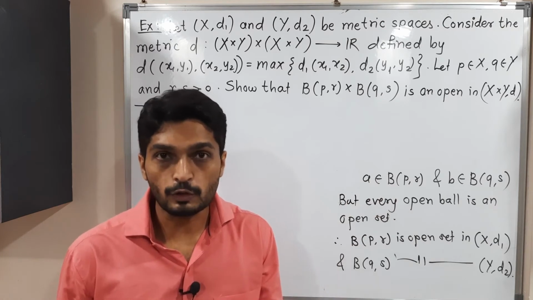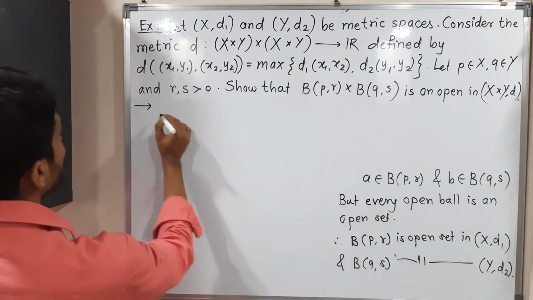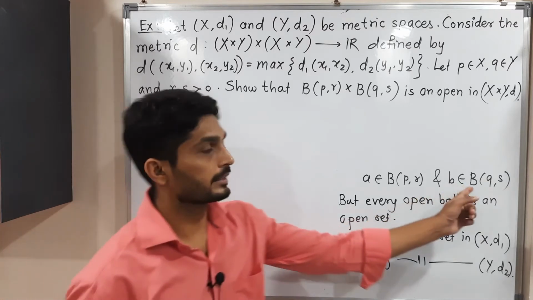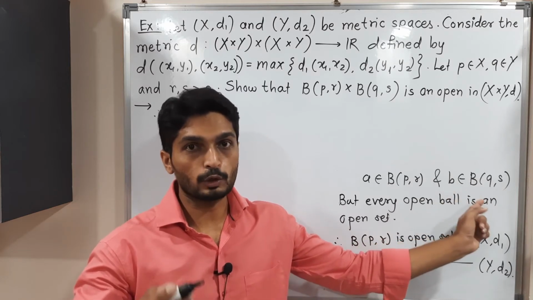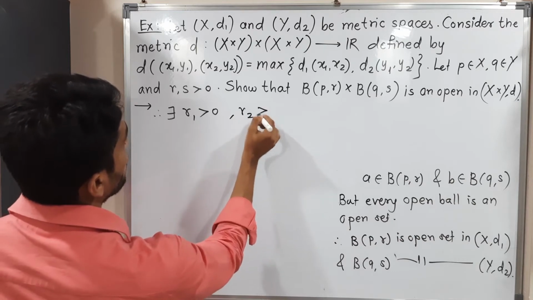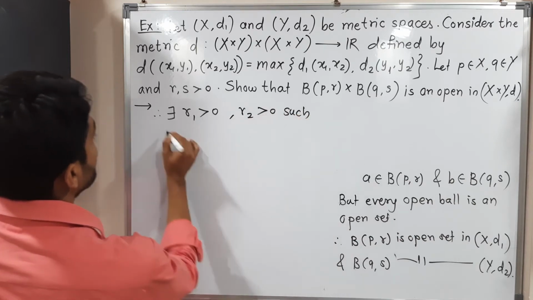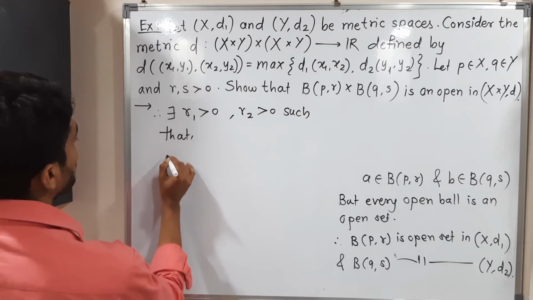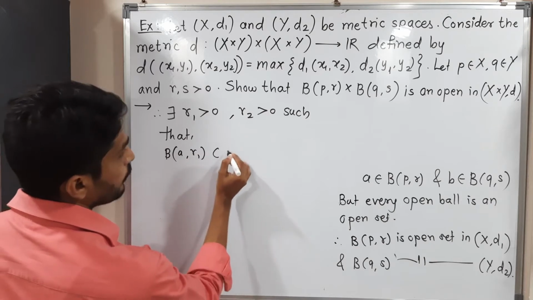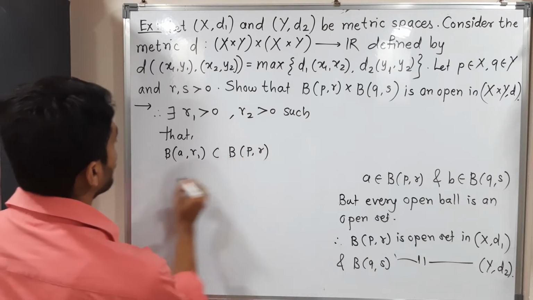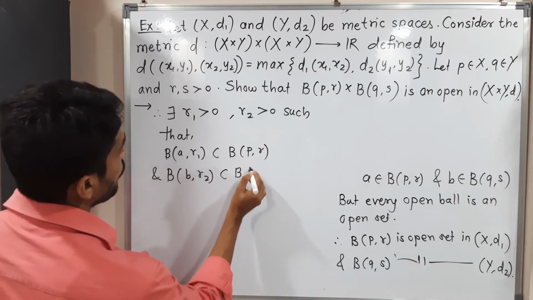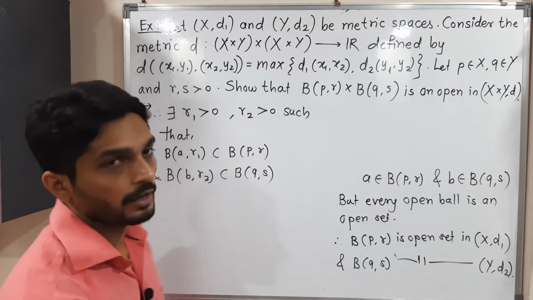You know the definition of open set, so there exists R1 greater than 0, and for this set, which is also an open set, B belongs to that set, therefore there exists R2 greater than 0 such that the open ball with center A and radius R1 is a subset of B(P,R), and the open ball with center B and radius R2 is a subset of B(Q,S). So this thing we have got.